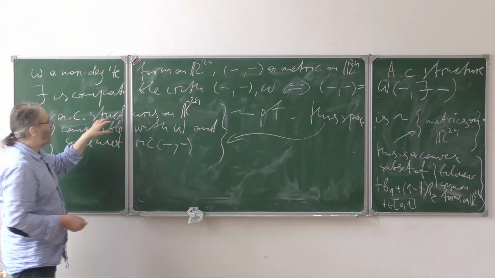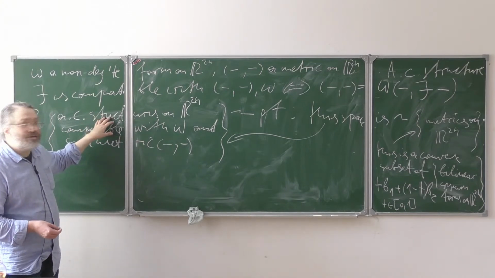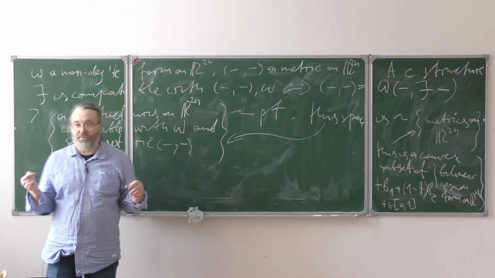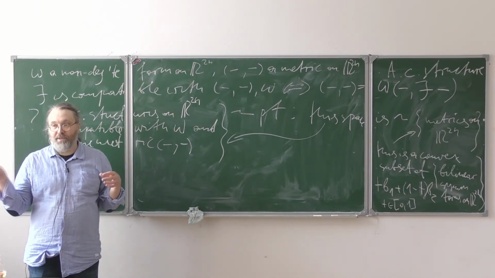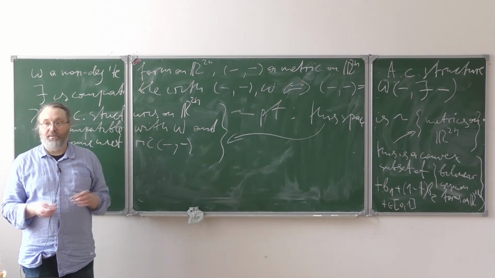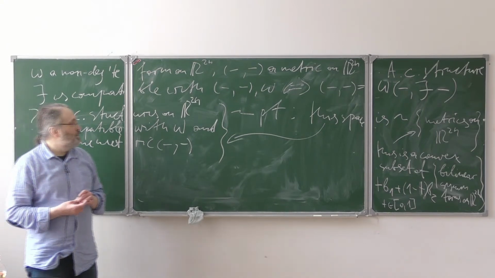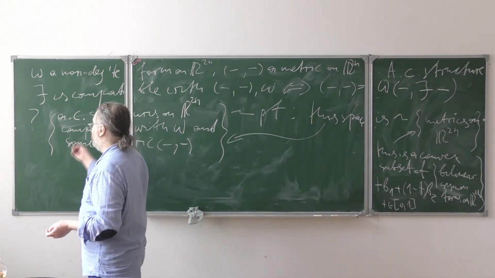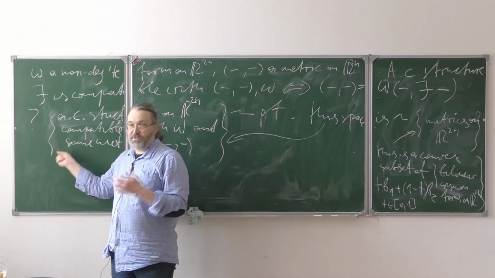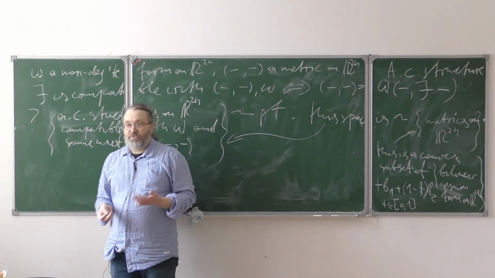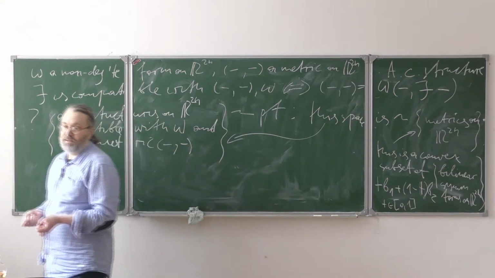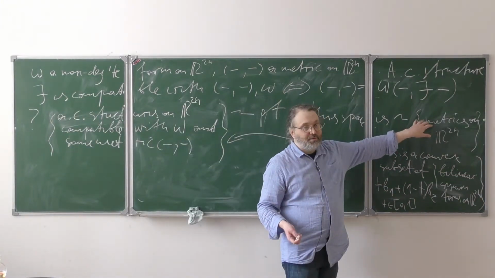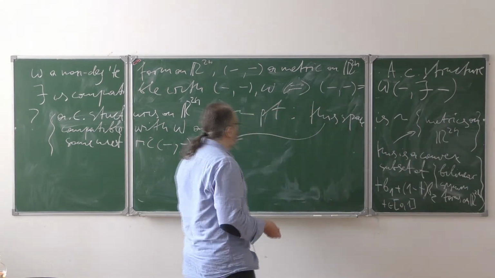Almost complex structures in this definition are a subset of the set of all linear maps from R^2n to R^2n. If it was any manifold, then after we understand the fiber, if we manage to prove that the fiber is contractible, then the space of sections will be contractible as well. Okay, so this part is straightforward.